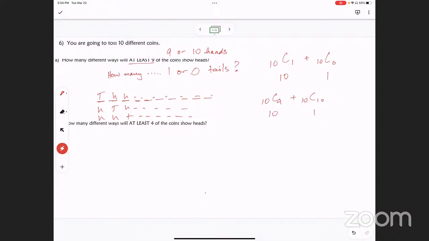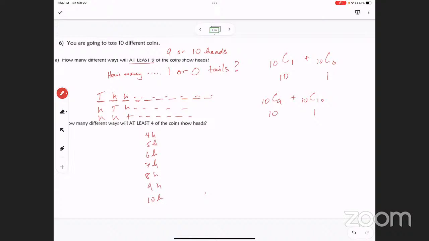So let's try the next one, see if this will help explain it. How many different ways will at least 4 coins show heads? So at least 4 means it's either 4 heads, or 5 heads, or 6 heads, or 7 heads, or 8 heads, or 9 heads, or 10 heads.